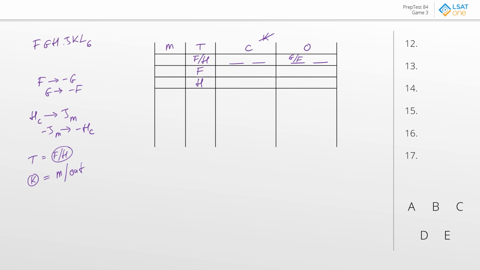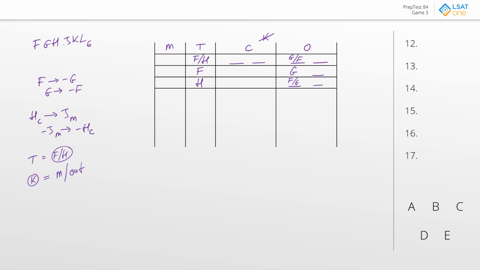Now, it doesn't take us too far, to be fair, but we could say that in this scenario, if F is in the treasury, then G is going to have to be the one who happens to be out. Now, in the other scenario, though, if H is in the treasury, we still have to have one of F or G out, but it doesn't tell us much more than that, to be quite fair.